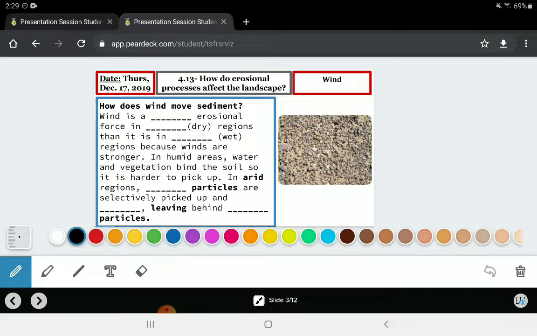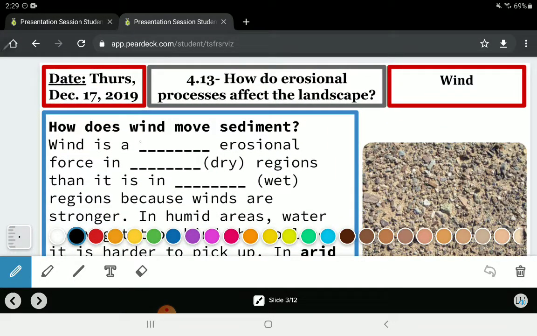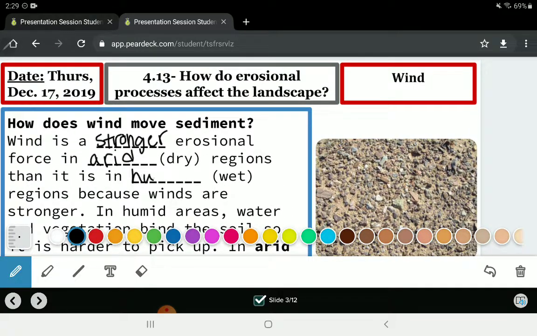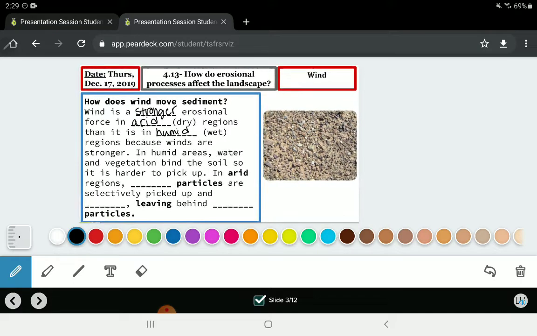So wind is a stronger erosional force in arid or dry places than it is in humid places. And this is because winds are stronger. In humid areas, water and vegetation bind the soil, so it's harder to pick up.